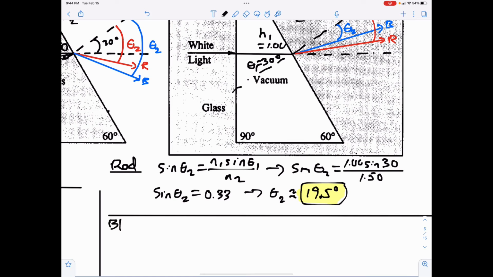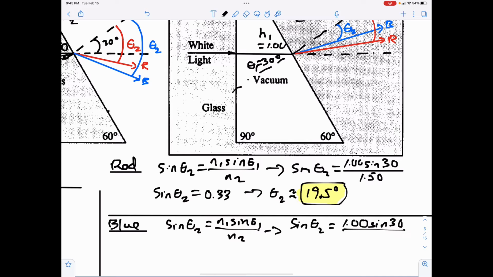Okay, and finally the blue. We've got sine of theta 2 equals n1 sine theta 1 over n2. So sine of theta 2 is going to be equal to 1 times the sine of 30. This time for blue light, it's divided by 1.6.